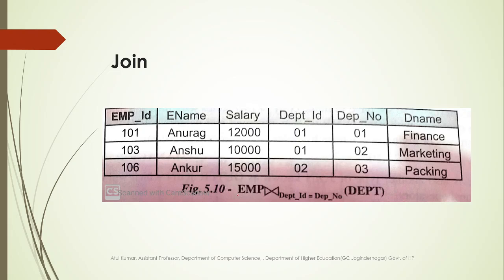We are going to join employee and department, and this is the symbol of join. And what is the condition? The condition is that we join those rows in department and employee that have the same department, that is, the department id is equal to the department number.